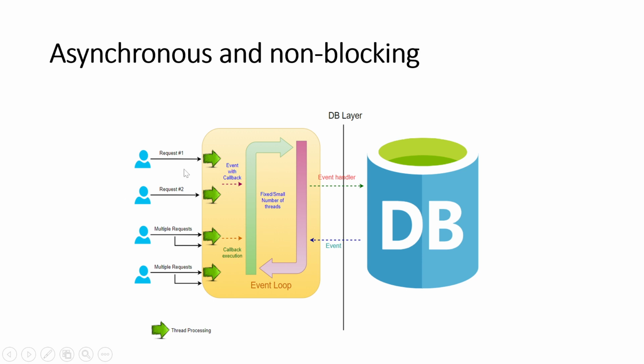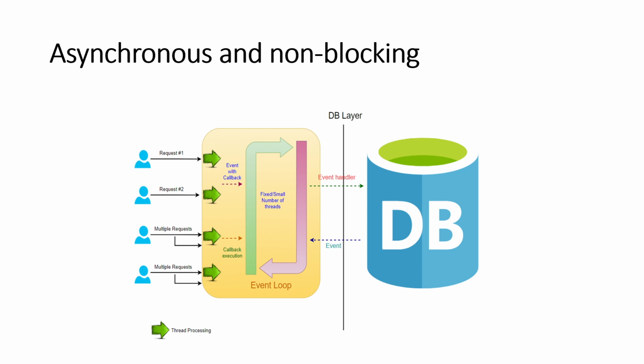Any request coming to the server is assigned to the thread pool with an event handler and callback. Once the event handler takes the request, it assigns it to a small number of threads.